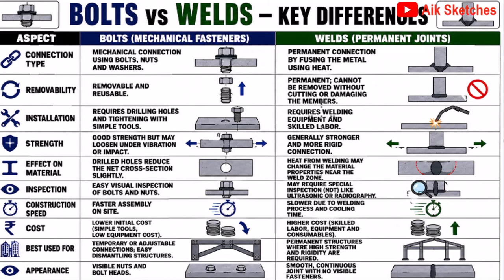While for the welding joints, the heat from welding may change the material properties near the weld zone. Okay, so let's go to the next one, inspection. It is easier to visually inspect bolts and nuts for bolted connections.